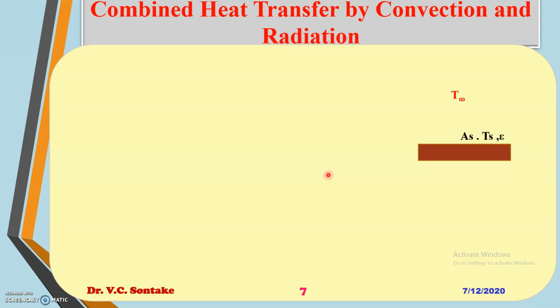So there will be two modes of heat transfer by which heat will transfer from body to the surrounding if temperature difference between body and the surrounding is much greater. So heat transfer will take place both by convection as well as by radiation.